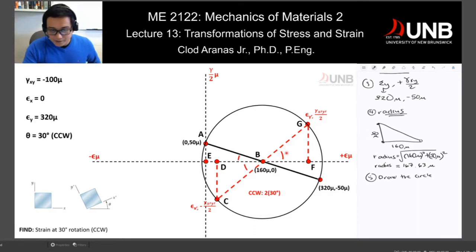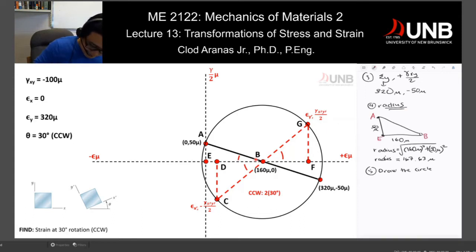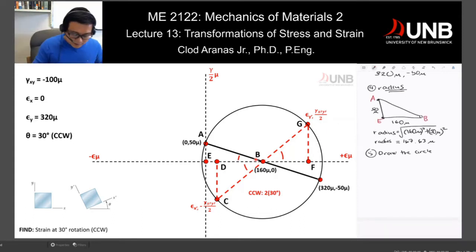So based on this one, we have this triangle initially here. This is the one that we use for radius. So I can label this one as A, E, B. Now, if I'm going to use the same triangle, I can obtain this theta.